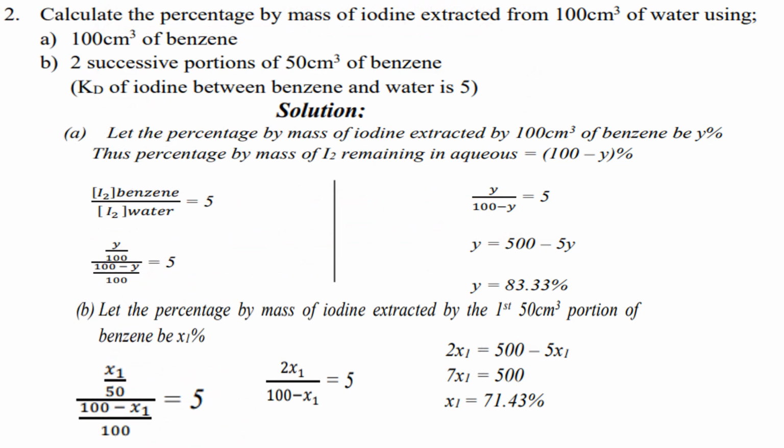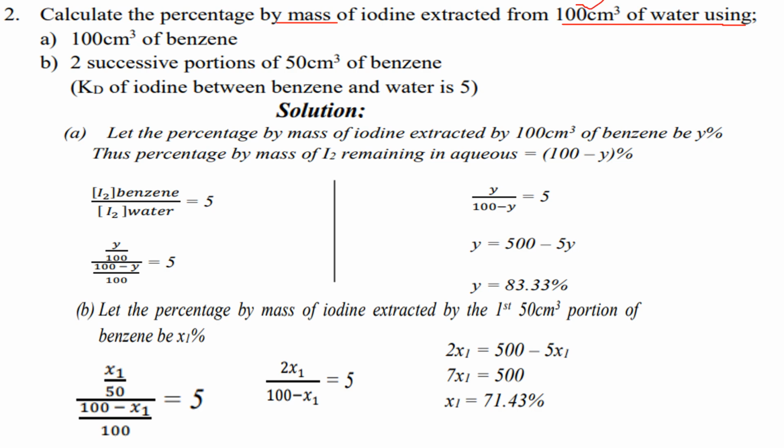So this is example 2, and in this example we are going to be looking at some of the other numbers. So you are being told to calculate the percentage by mass. Remember that total percentage is always 100, of iodine that can be extracted using 100 centimeters cubed of water. Remember that for the aqueous layer, its volume is always constant.